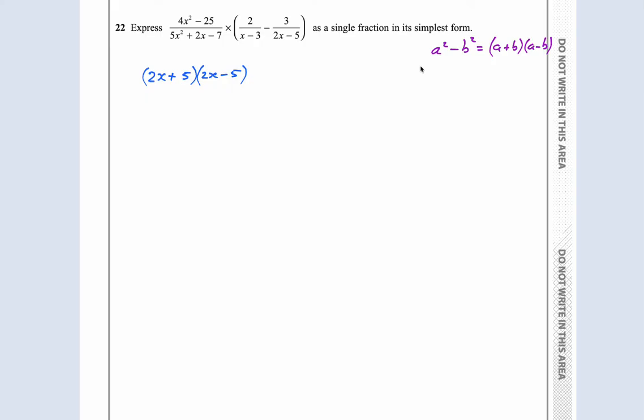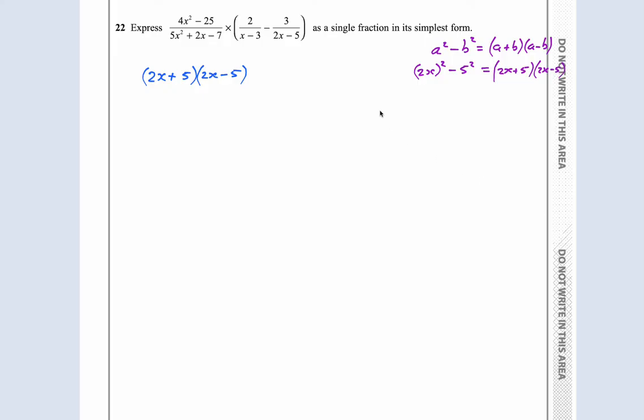So this is actually 2x squared minus 5 squared, because 2x all squared is 4x squared and 5 squared is 25. Hence I get 2x plus 5, a plus b, 2x minus 5, a minus b. 2x plus 5, 2x minus 5.